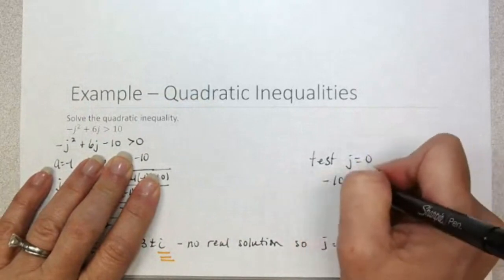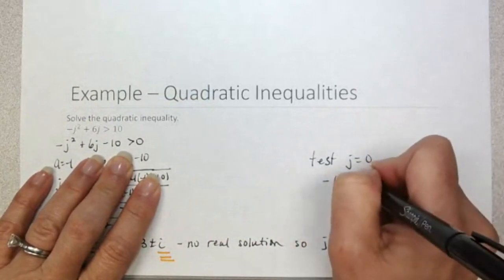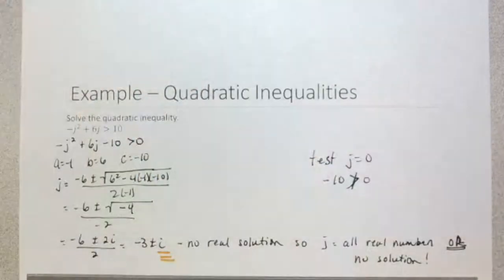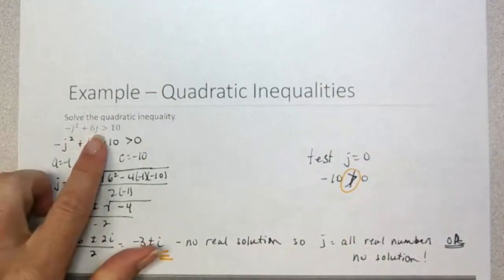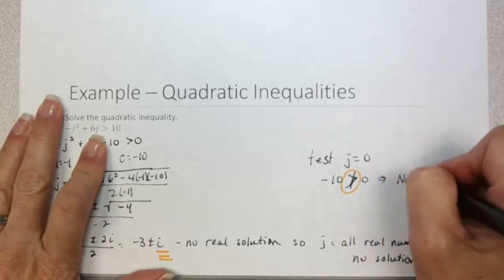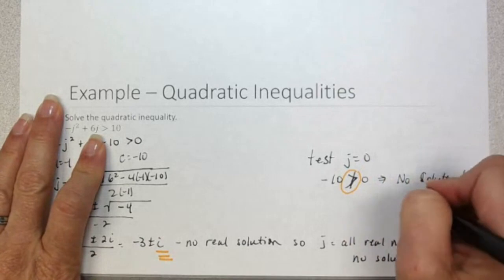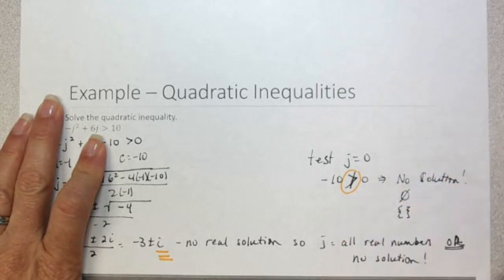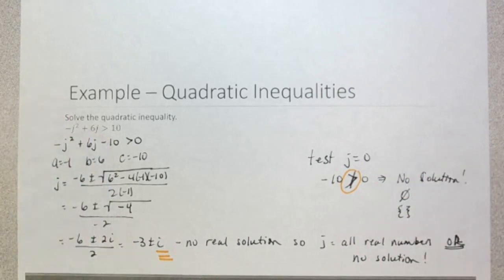So that leaves us with -10 greater than 0, and that is not. -10 is not greater than 0. And since it's not greater than 0, we want to say that this particular inequality has no solution. Or we might say it's the empty set, like that, or we might even do it like this. No solution, or one of the symbols for the empty set.